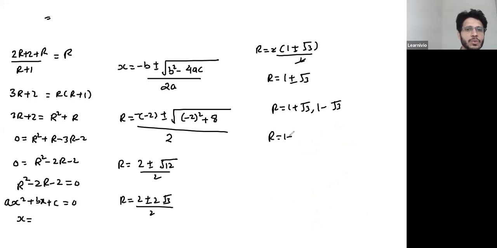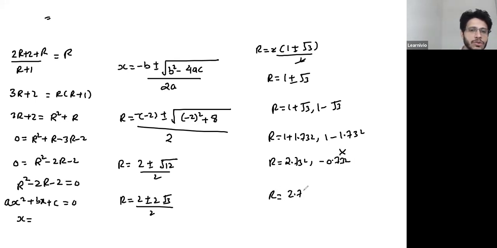It's 1 plus 1.732, 1 minus 1.732, so it's 2.732 minus 0.732. Resistance can never be negative. So the actual answer is 2.73. Clear?